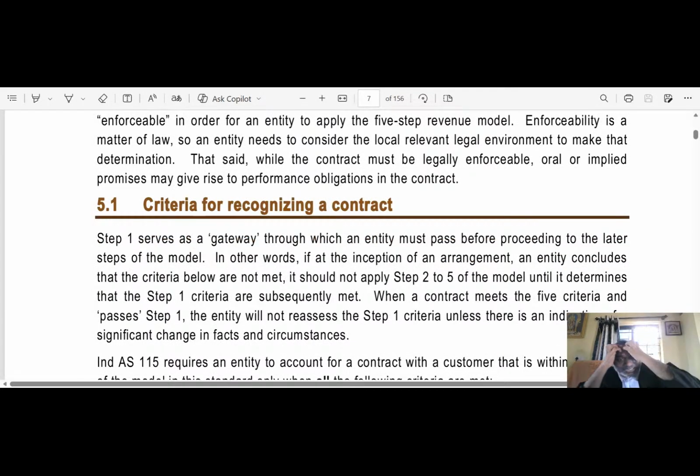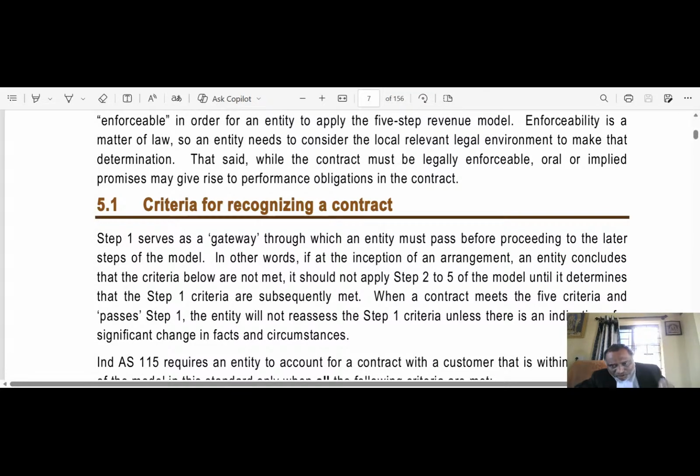Criteria for recognizing a contract. Step 1 serves as a gateway through which an entity must pass before proceeding to the later steps of the model. In other words, if at the inception of an arrangement an entity concludes that the criteria below are not met, it should not apply steps 2 to 5 of the model until it determines that the step 1 criteria are subsequently met.